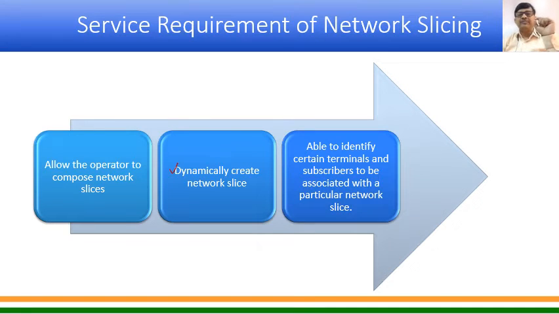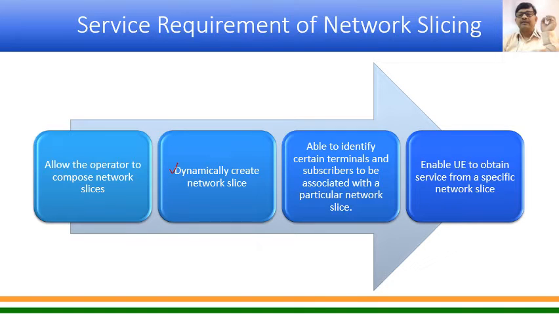The third requirement is that certain terminals or subscribers should be able to get associated with a particular network slice. That means if a user equipment has subscribed to a particular slice or service, it should be able to associate with that particular network slice, and it should enable you to obtain service from a specific network slice.